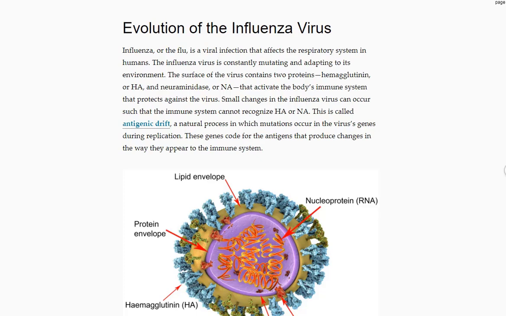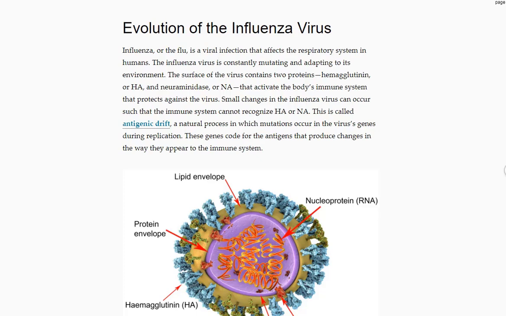Now, here's the reason why it's important that we continue to do that. In order for a virus to mutate, it has to spread. It has to get into a new host. It has to make new copies of itself. And even if the person it infects doesn't get sick, let's say their immune system can fight it off, the virus is still in them replicating a million times.